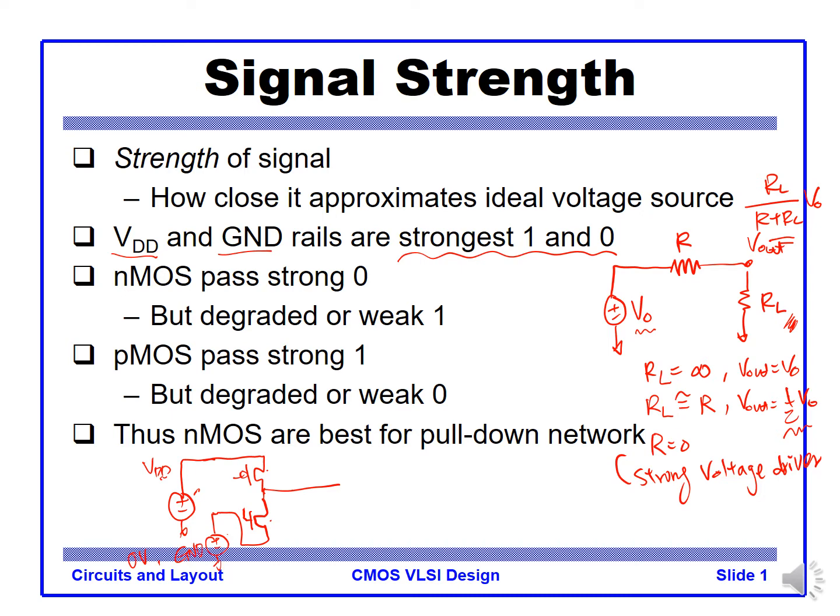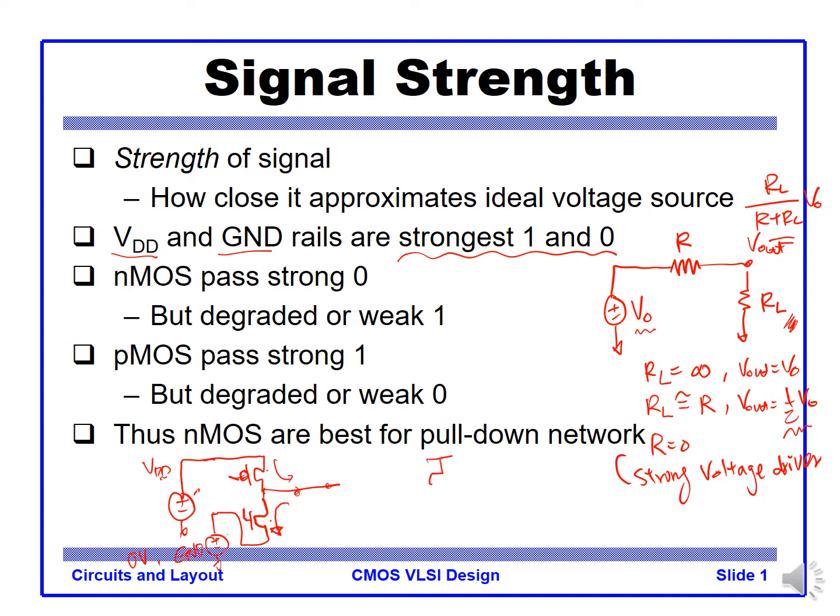For example, when you want to drive the output to VDD, you use the PMOS, and for pull down you use the NMOS. In this case we can deliver very good VDD or 0 to the load.